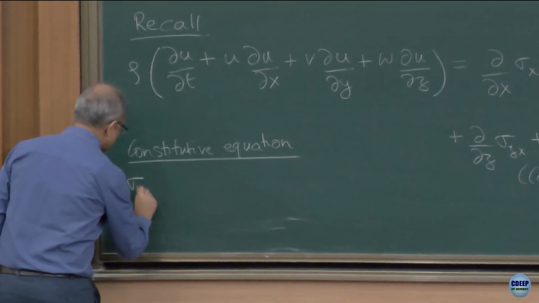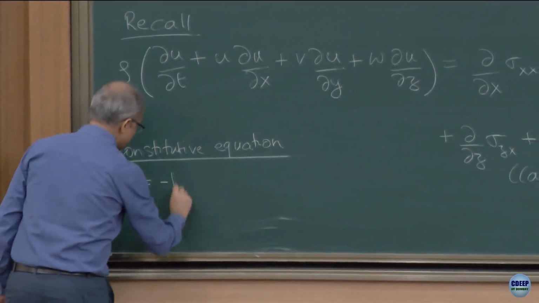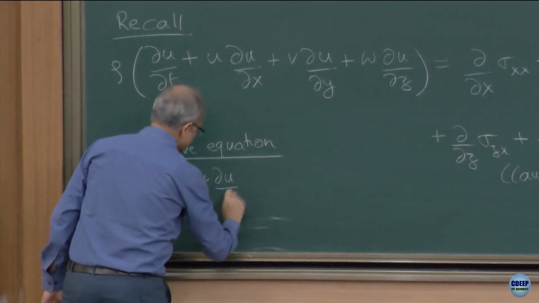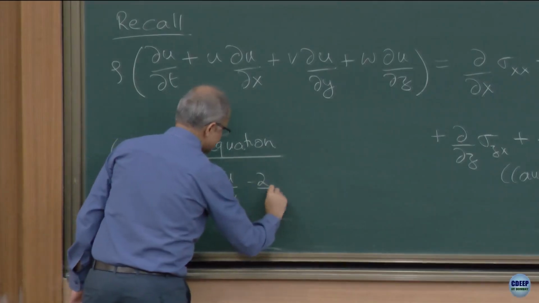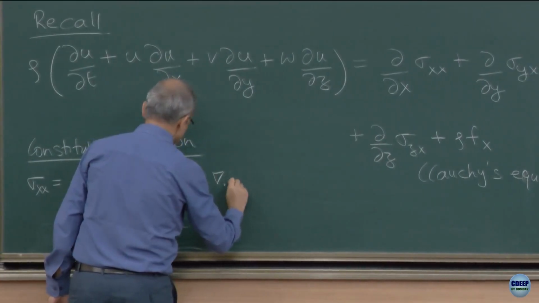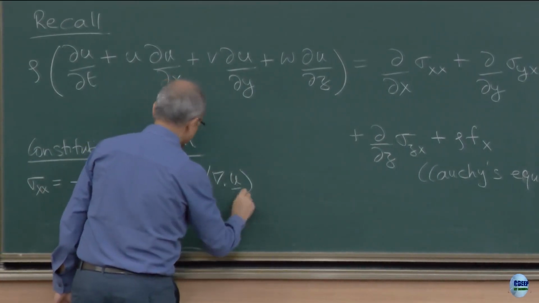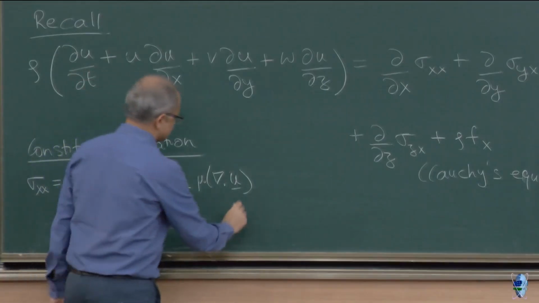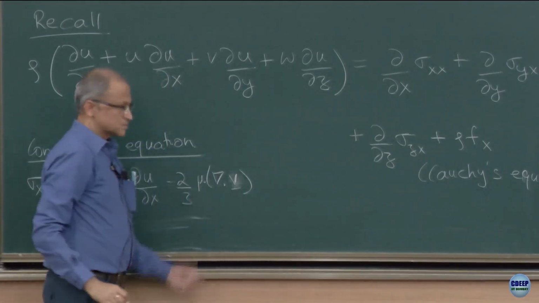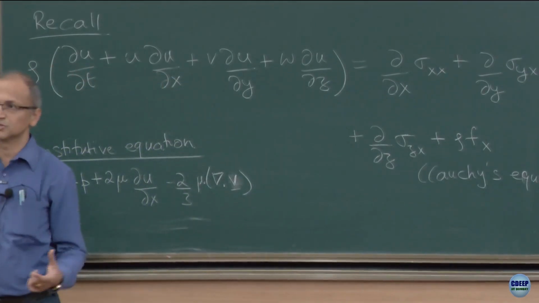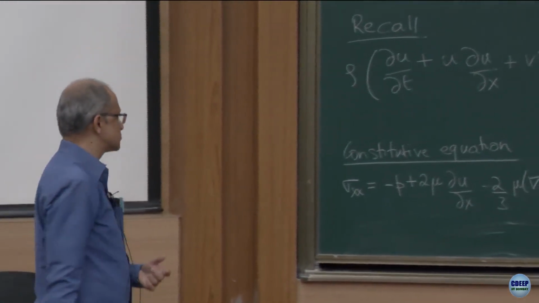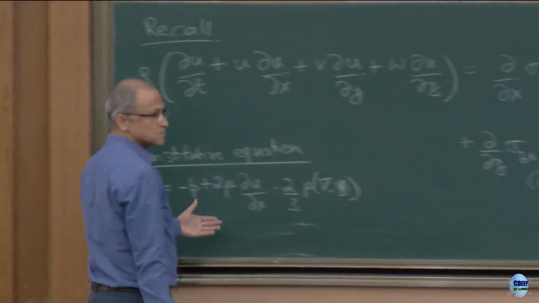And we saw that we can write out sigma xx as minus p plus 2 mu dou u dou x minus 2 by 3 mu times del dot velocity vector v. This term itself was dou u dou x plus dou v dou y plus dou w dou z. So this is the equation that we had gotten from the previous class.